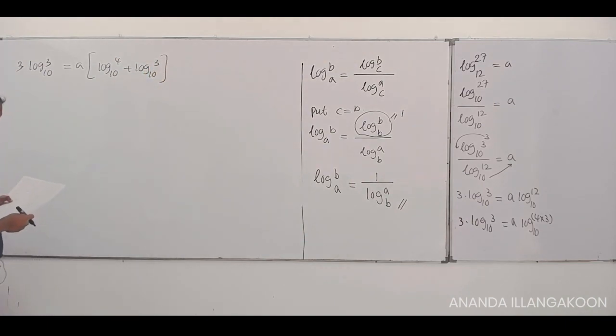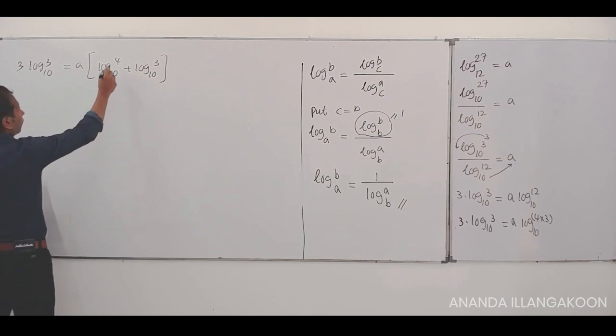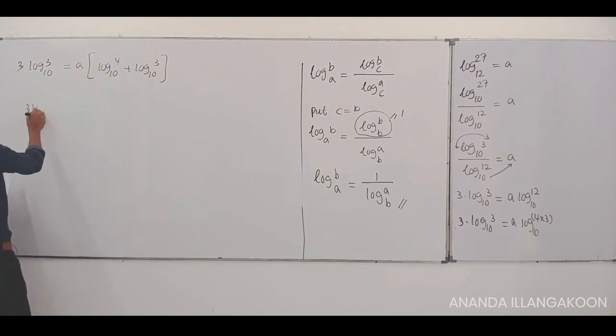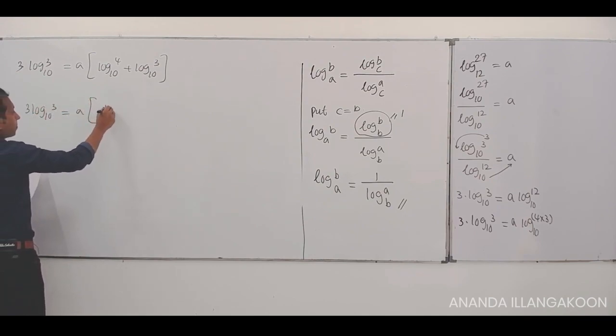This way. This 4 I can write as 2 squared, no? That 2 I can take before.